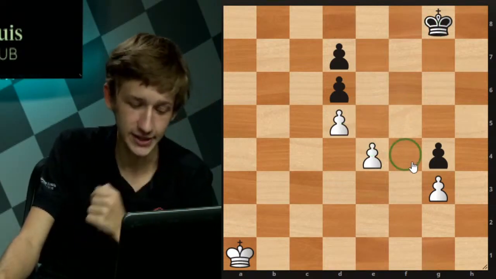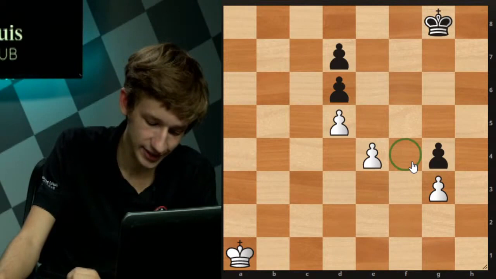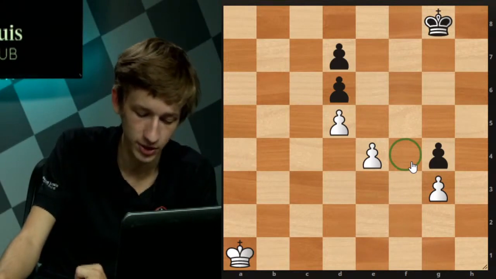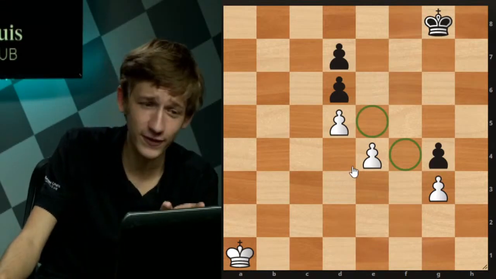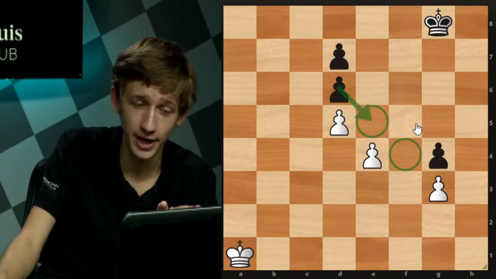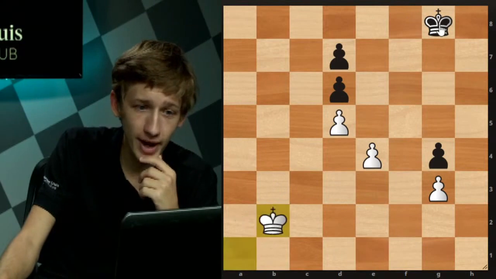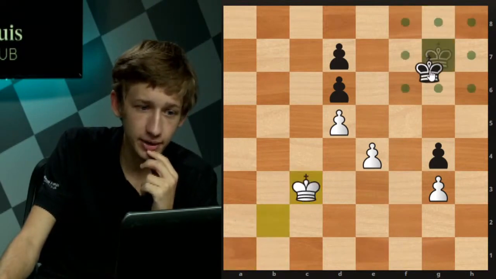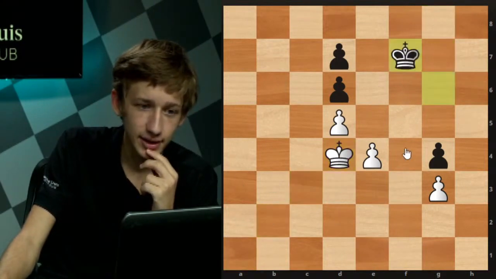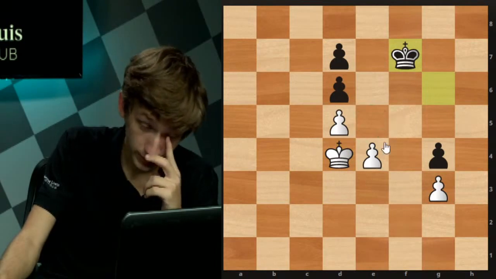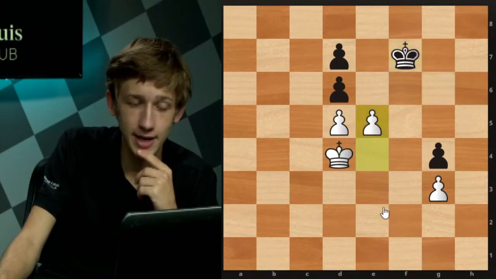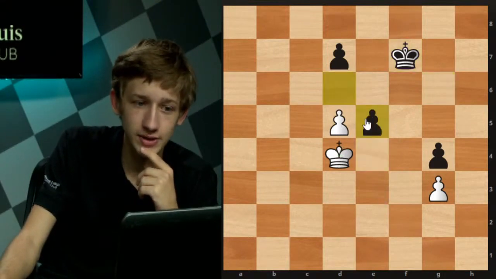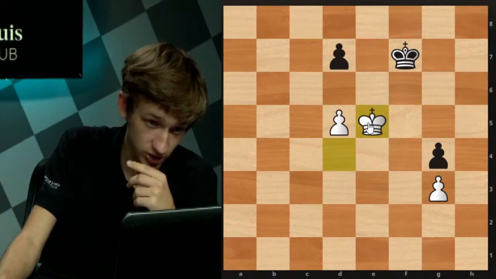So F4 is one key square, and there's actually sort of a hidden second square that Chess King has pointed out here. It's the E5 square. Now, how can E5 be a key square when it's defended by a pawn? Well, if you imagine that the Black King is not defending the E5 square, then if the White King is attacking the E5 square, we have this option to play the move E5, and it turns out that this position is in fact just going to be winning.